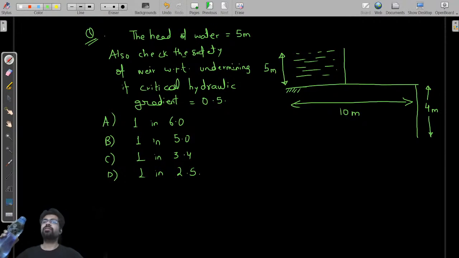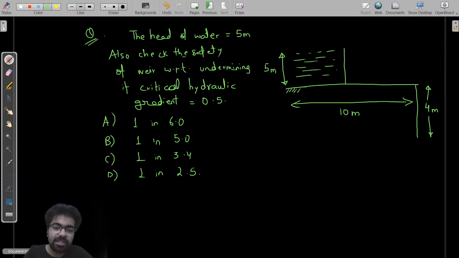Yes, Sagar, you are right. Sagar, comment the answer here in this format A, B, C, D. Which is the right answer, A, B, or C, or D?